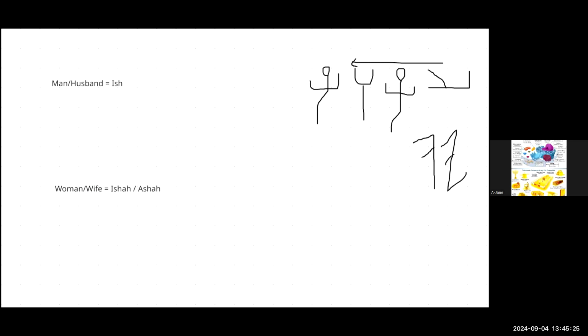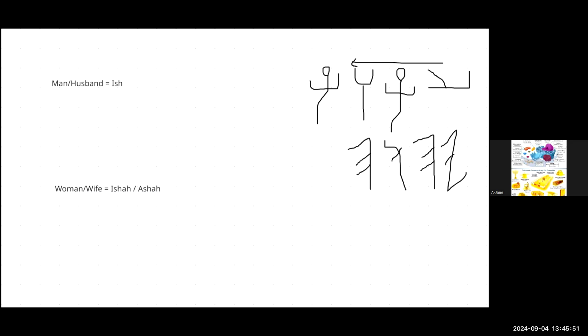Hey, Wa or Vav, Hey, Wa, Hey, and then another Hey. Hopefully I'm going to squeeze everything on here. And then here we will have the modern at the bottom.